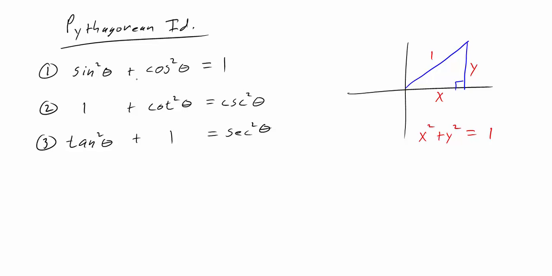And if you don't memorize the second and third one, just remember that you'll have a formula sheet. If you see something with a 1, or a cotangent squared, or a cosecant squared in the problem, there's a good chance it's going to fit one of these Pythagorean identities.